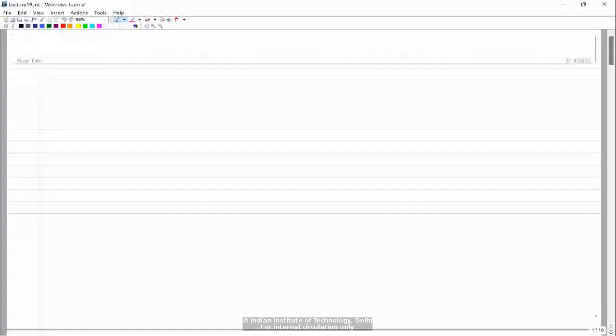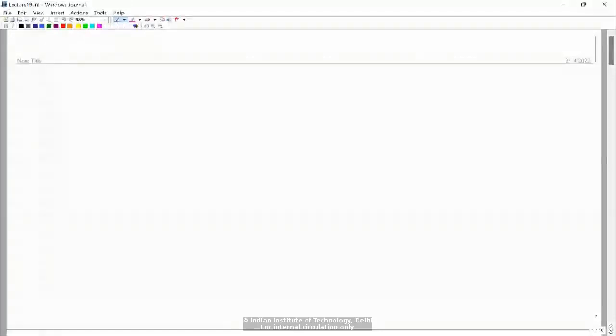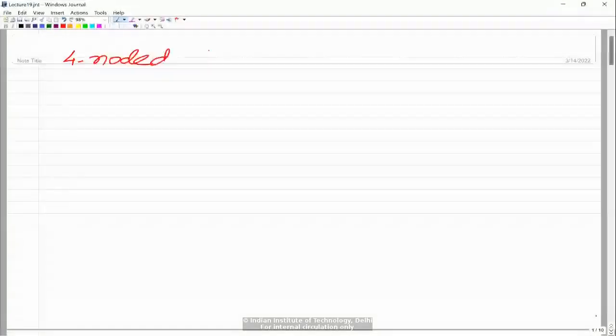So I am going to discuss, as I said, the four-noded rectangular element in physical coordinate space.